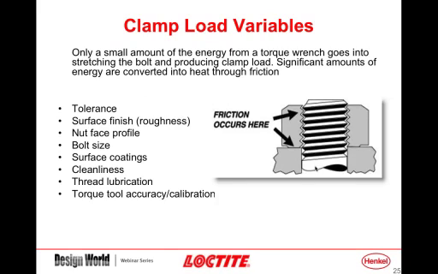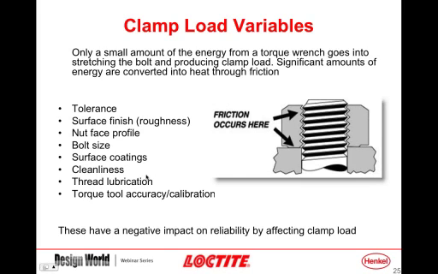Understanding that will make it easier to understand, in the laboratory data we review, how small changes in lubricity can have a significant impact on the clamp load that's achieved. Here we've got a couple of the factors listed that come into the amount of clamp force you can generate with a torque wrench.